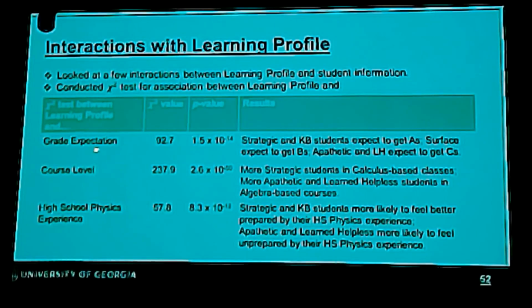One was their grade expectation: what grade do they expect to get in the course? What I saw is that statistically, there are significantly more strategic and knowledge building students expecting to get A's, statistically more surface students expecting to get B's, and statistically more apathetic and learned helpless students expecting to get C's. So the profile they're adopting seems to be correlated with how they're expecting to do in the course.